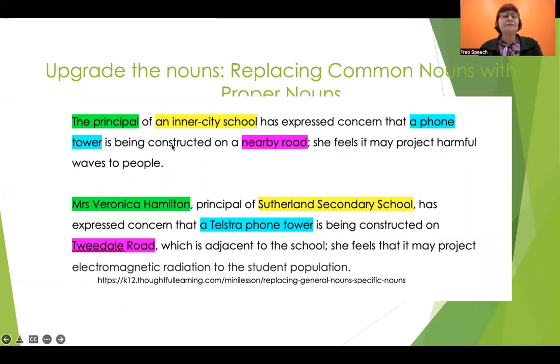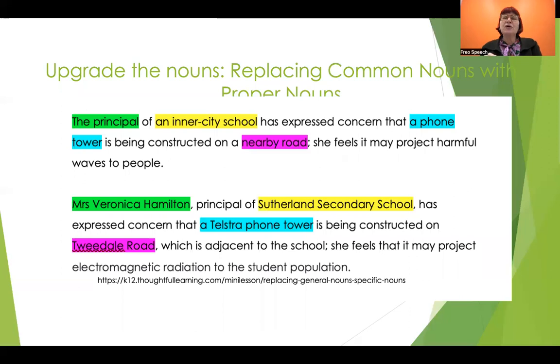If you look here, I've just written the first sentence. The principal of an inner city school has expressed concerns that a phone tower is being constructed on a nearby road. Now, if we swap out all those common nouns and put in proper nouns, we'd get: Mrs. Veronica Hamilton, principal of Sutherland Secondary School, has expressed concern that a Telstra phone tower is being constructed on Tweeddale Road.